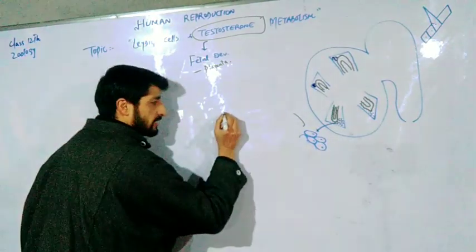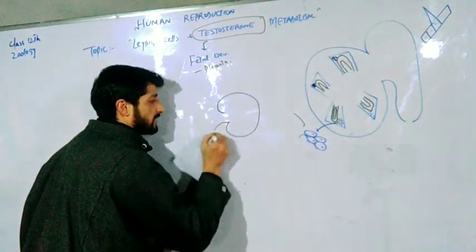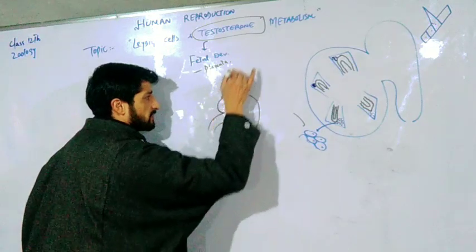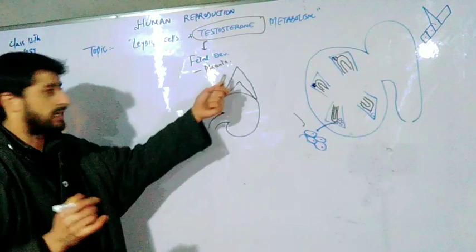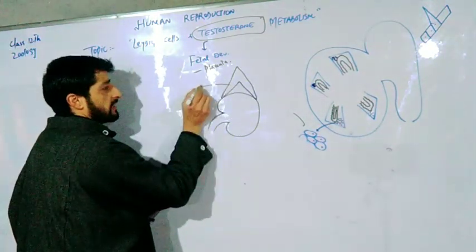You have also studied in class 11th that we have a pair of kidneys. Along with kidneys, we have a pair of suprarenal glands, which you call adrenal glands.